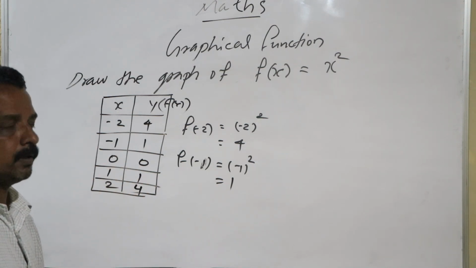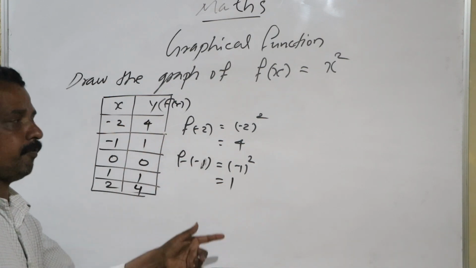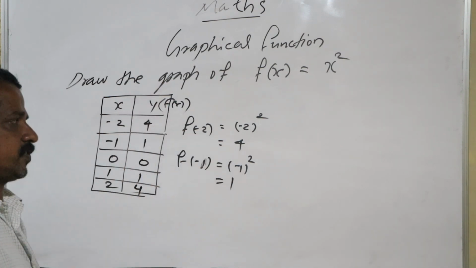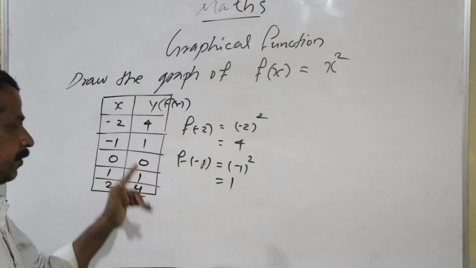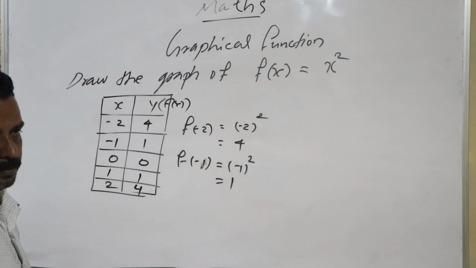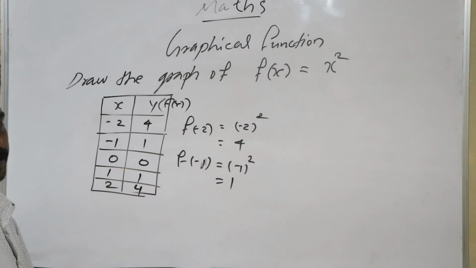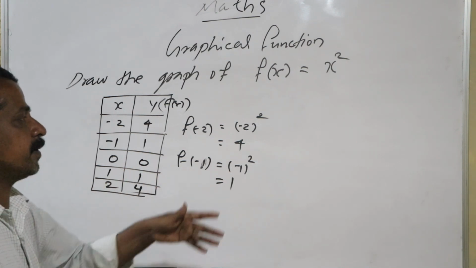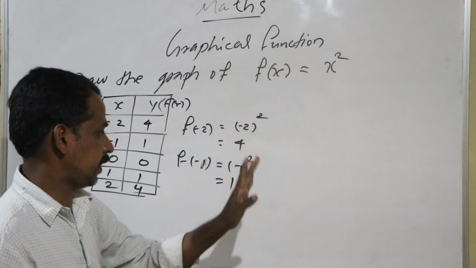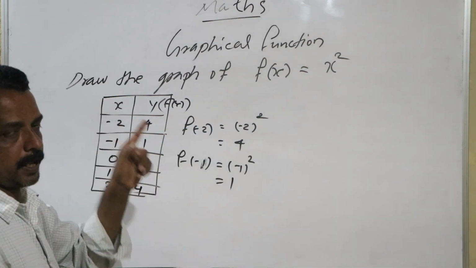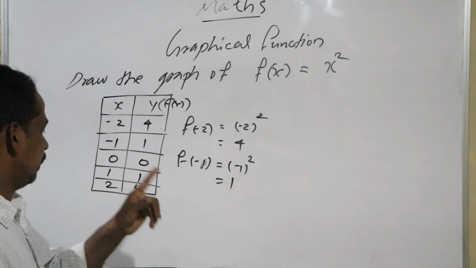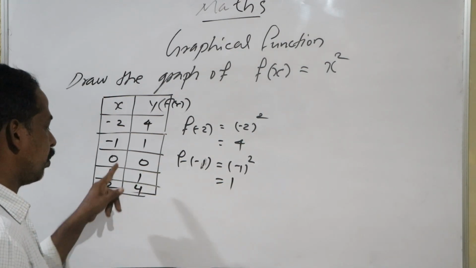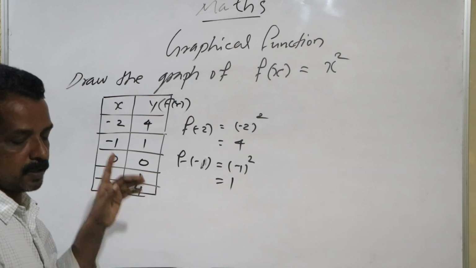To draw the graph in such questions. Then we must find out the ordered pair of each element that we have picked out. For that purpose, we must use this equation. -2 has the image 4, -1 has 1, 0 has 0, 1 has 1, 2 has 4.